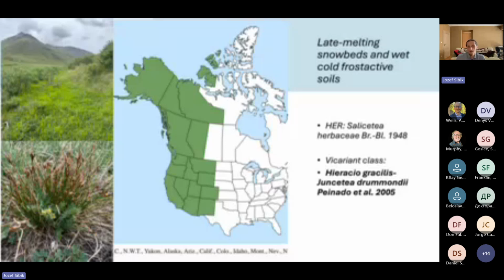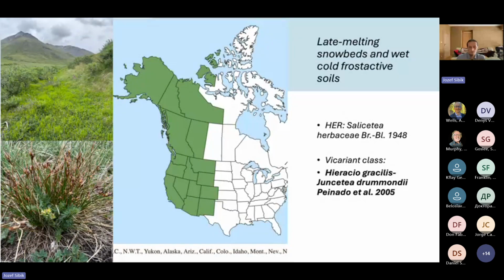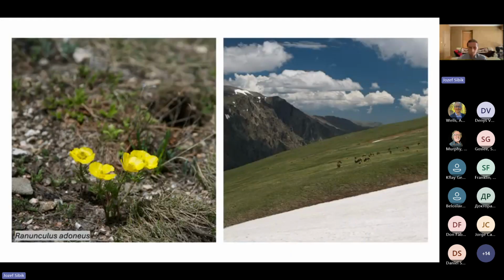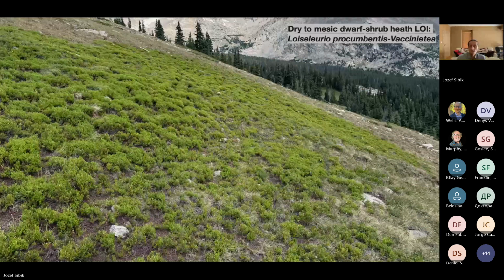This is just an idea how to make the system useful and broadly used. Here are more pictures of snowbed vegetation from the Rocky Mountains, where snow duration and distribution is a very important factor.